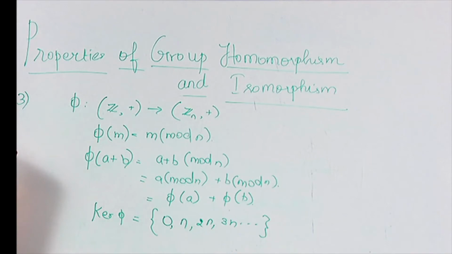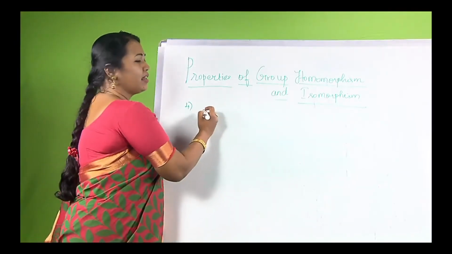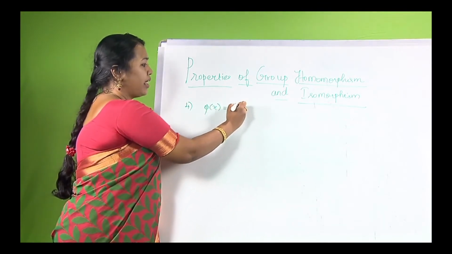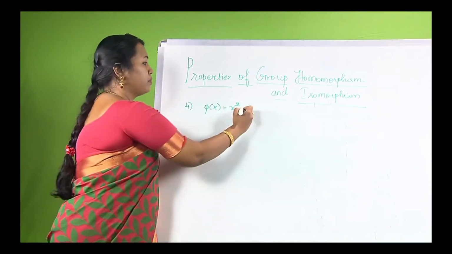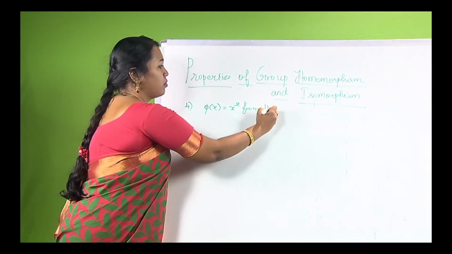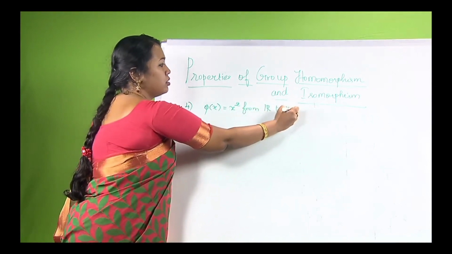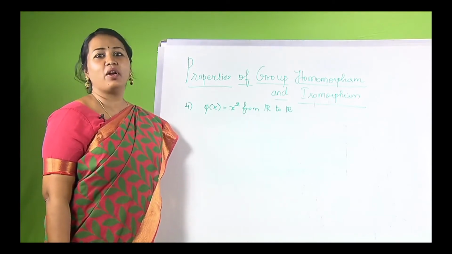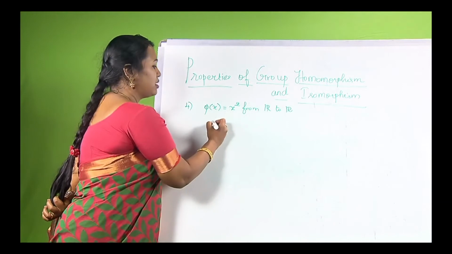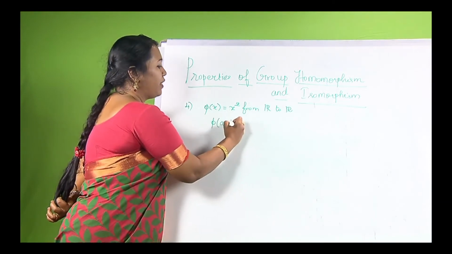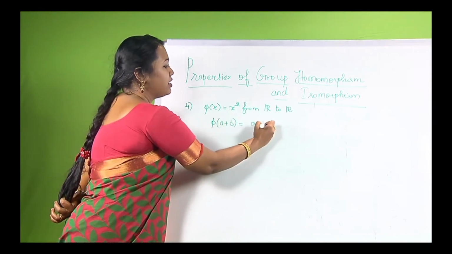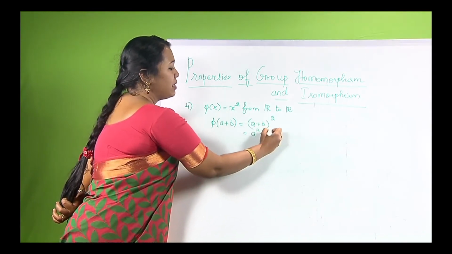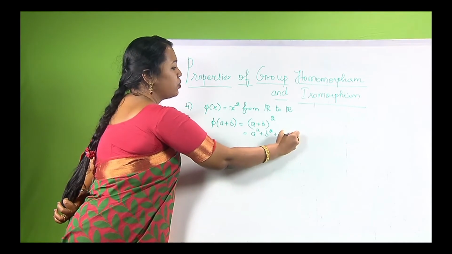Let us see one more example. Consider phi of x is equal to x squared from R to R, the real numbers under addition. This is not a homomorphism, because phi of a plus b is equal to a plus b the whole squared, that is a squared plus b squared plus 2ab.